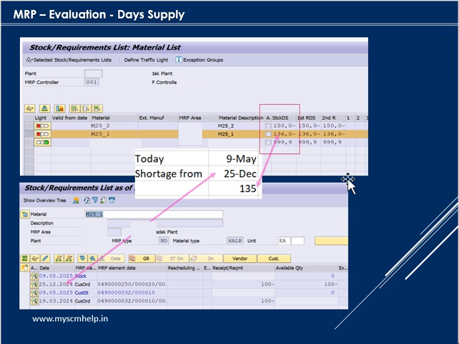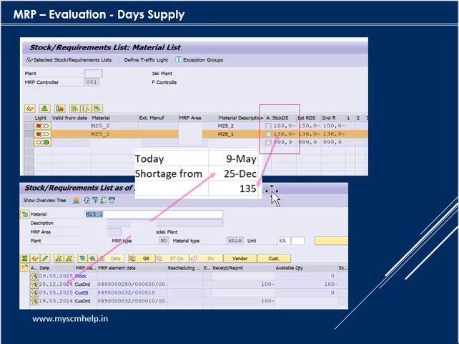So the system tries to understand the difference and tells you how long the stock will last. It is negative because today is the 9th of May and the shortage is from 25th December.